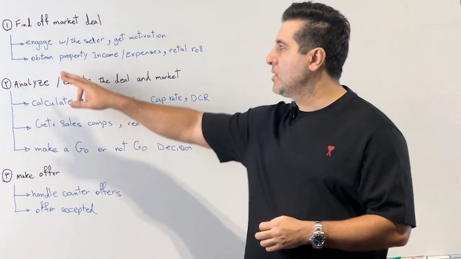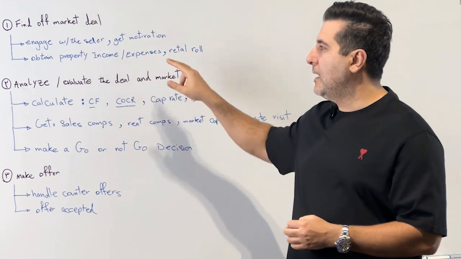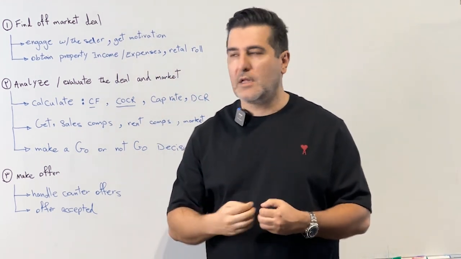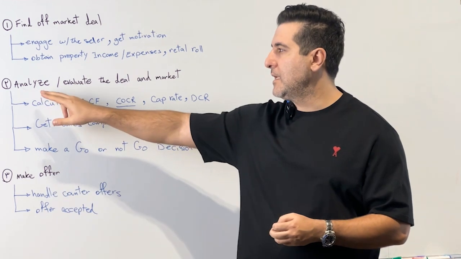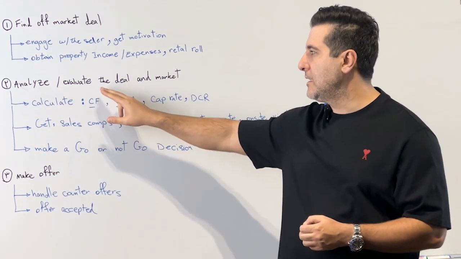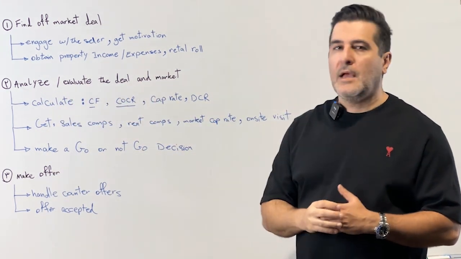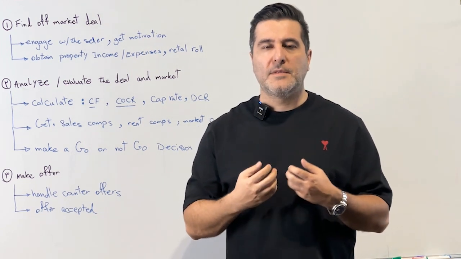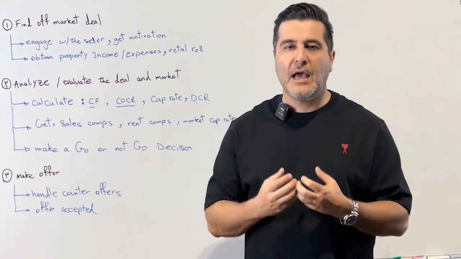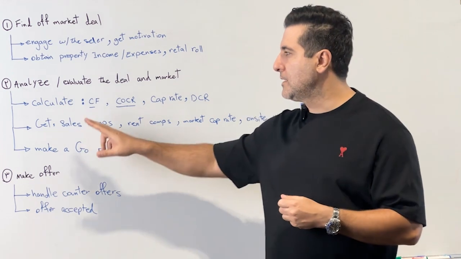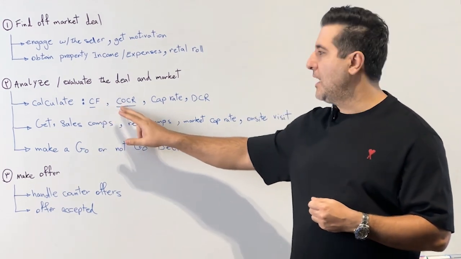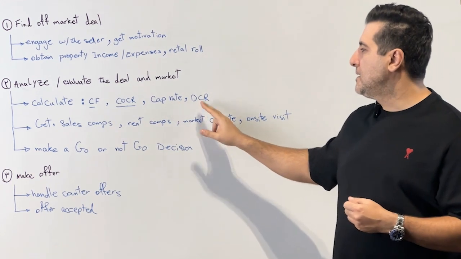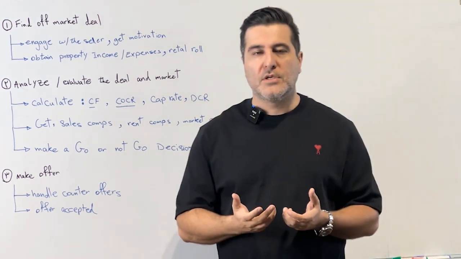If you have these documents, and if you find out that these documents are real, you can go to the next step. The next step is analyzing and evaluating the deal and the market. When we are analyzing the commercial property, we have to know how to calculate the cash flow, cash on cash return, cap rate, and DCR, which is debt cover ratio.